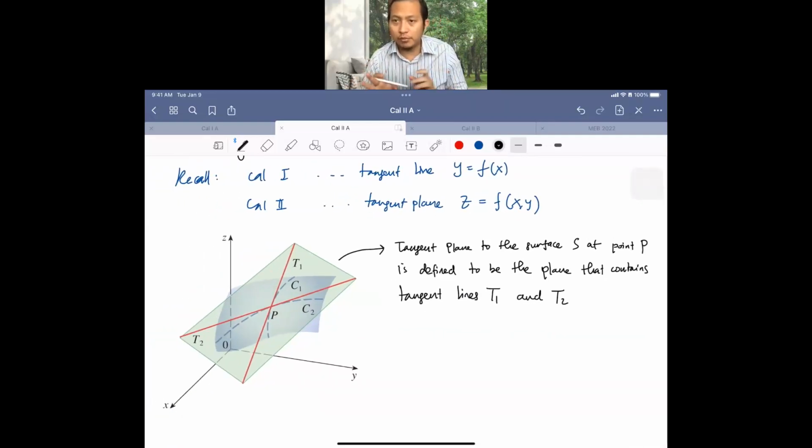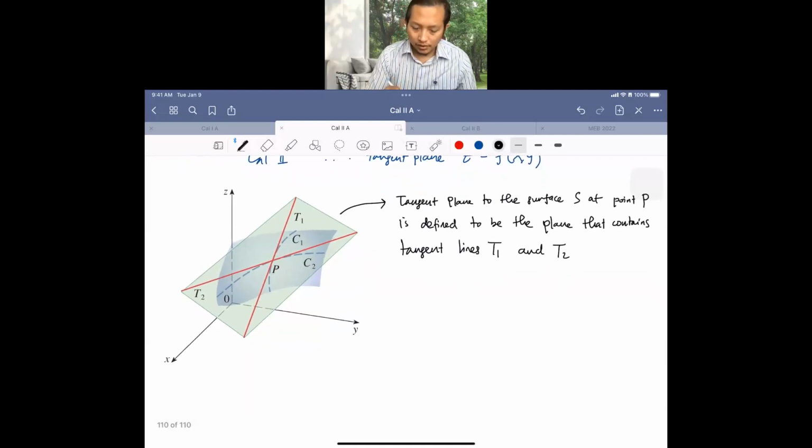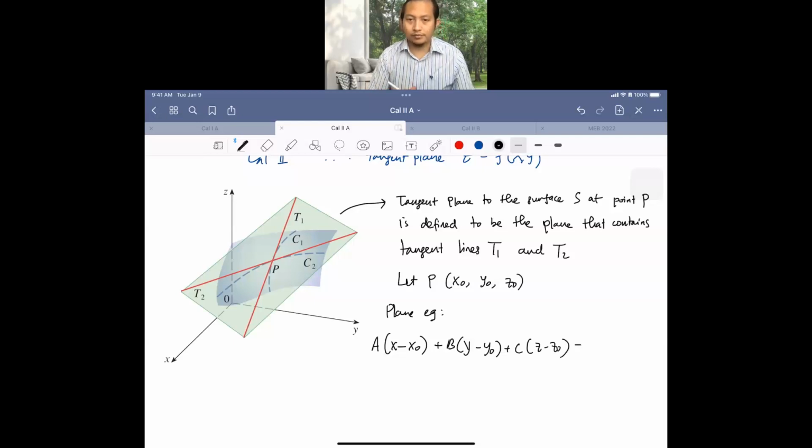I hope you still remember chapter 12, the equation of the plane. Let this point be (x0, y0, z0). Now we have the plane equation with the directions a, b, c: a(x - x0) + b(y - y0) + c(z - z0) = 0.